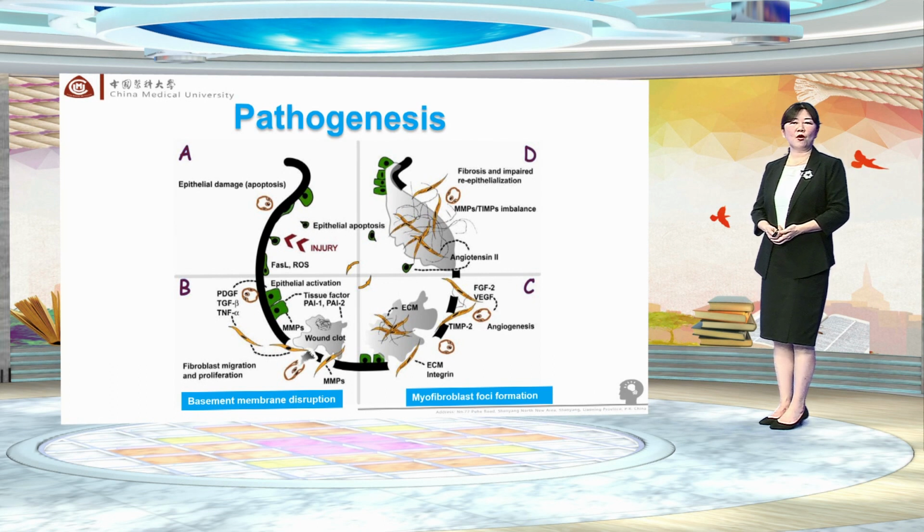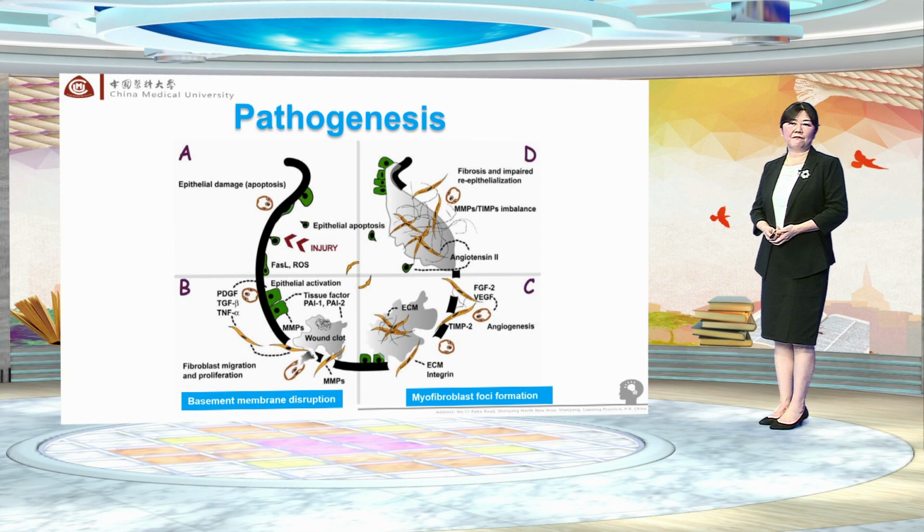Epithelial activation releases more pro-fibrotic mediators, including transforming growth factor beta-1, that is TGF-beta-1, and TNF-alpha, tumor necrosis factor alpha, or platelet-derived growth factor, PDGF, and anti-inflammatory cytokines decrease, such as tissue factor PAI-1, PAI-2, resulting in resident interstitial fibroblasts proliferating and migrating, matrix metalloproteinase increased, and basement membrane disruption.